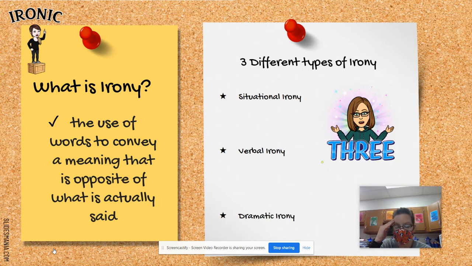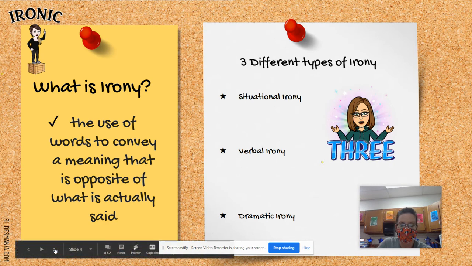There are three different types: situational, verbal, and dramatic. I think you'll be surprised that you already know these; you've maybe heard irony being used but didn't know it was situational, verbal, or dramatic. I'm going to teach you the differences between all three.